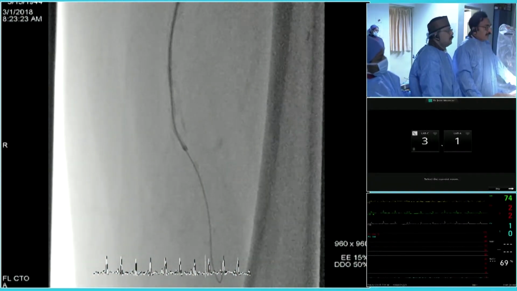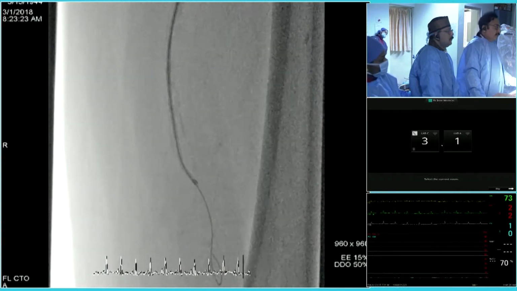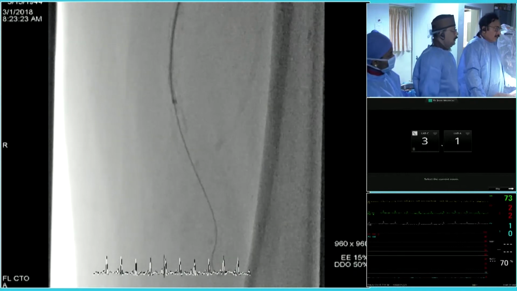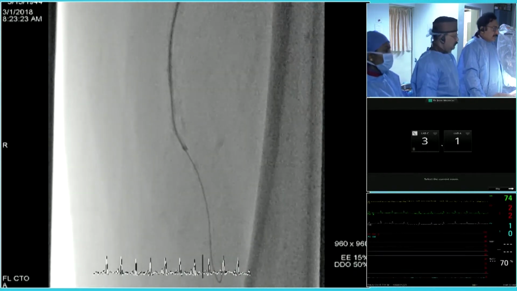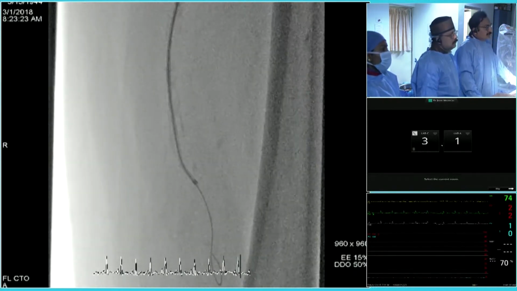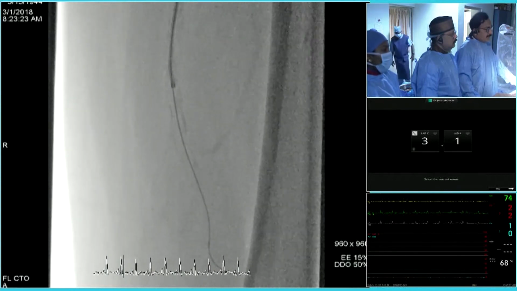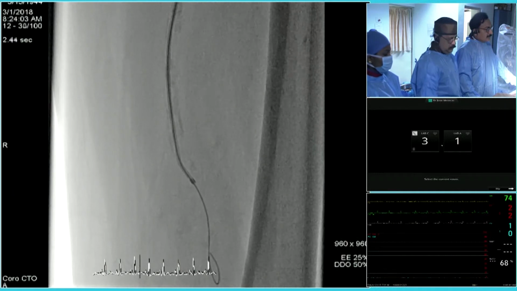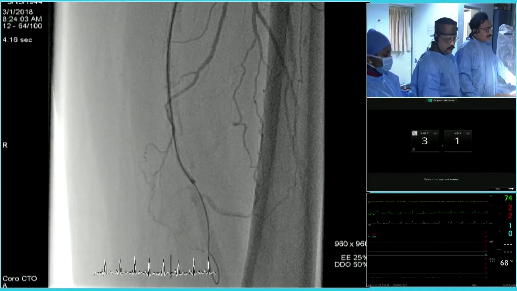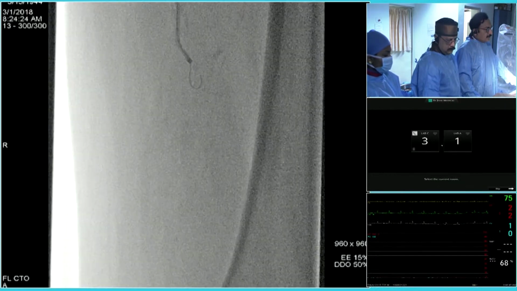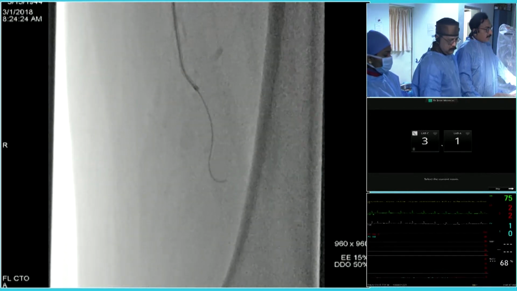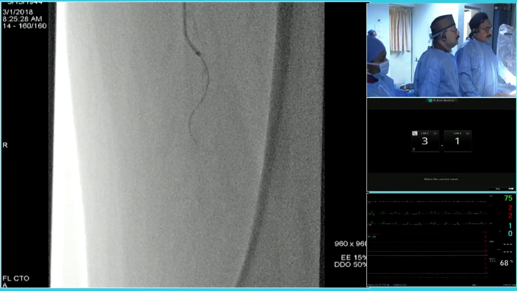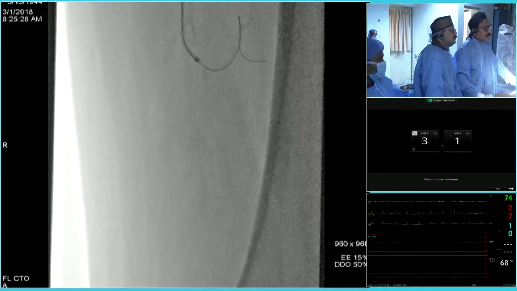So we first took a diagnostic 5 French Cordis right coronary catheter, then we have changed that to a Terumo catheter which is 4 French and angled. Next. So just hold on here.